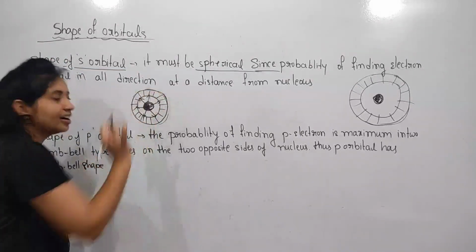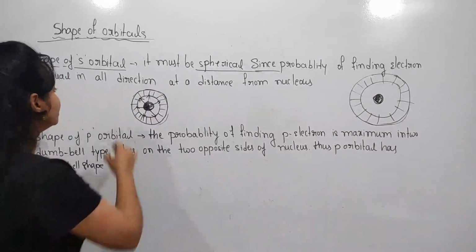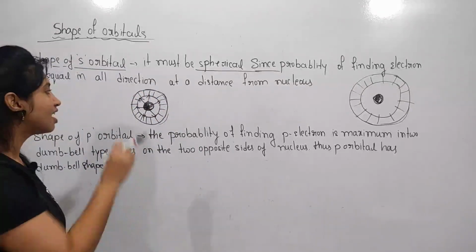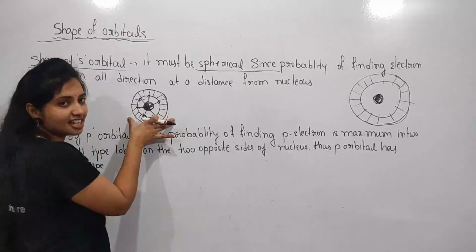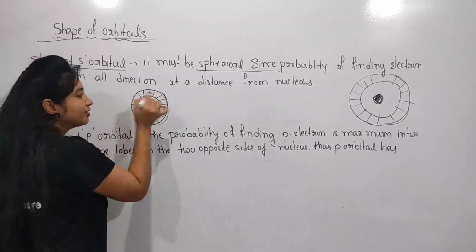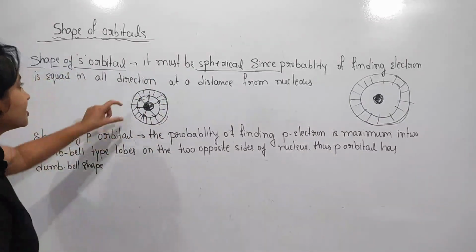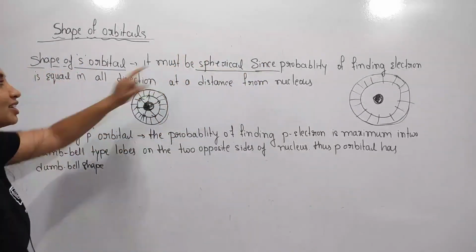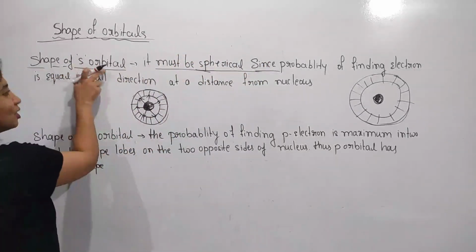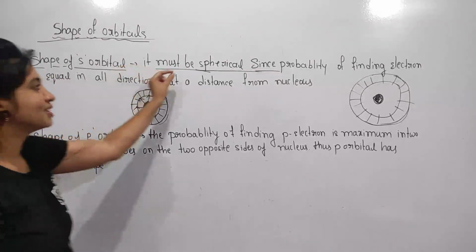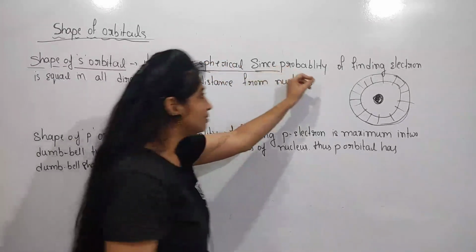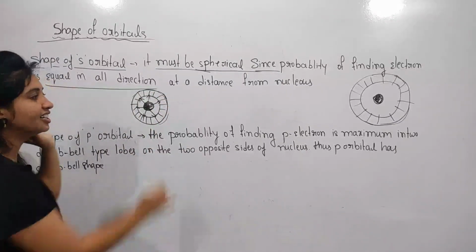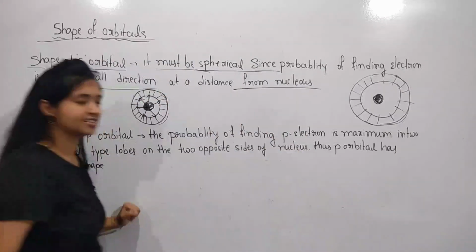By the electron density, in this space we get the probability of an electron. So how is the probability in this s orbital? Equal in all directions. So it must be spherical. An s orbital must be spherical since the probability of finding an electron is equal in all directions at a constant distance from the nucleus.